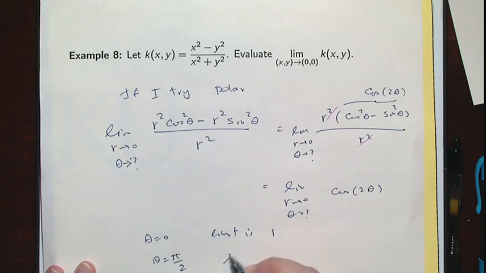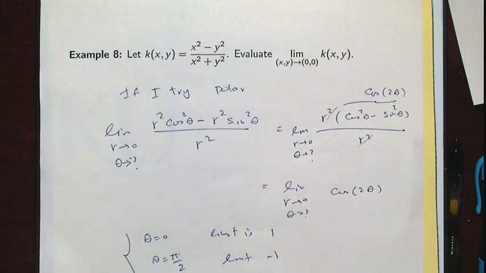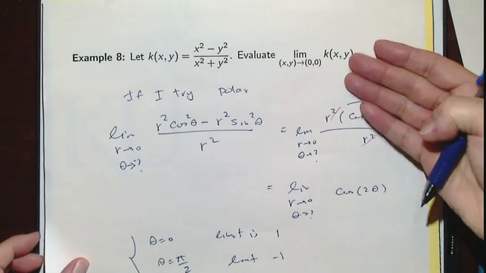What is the limit? Cosine of 2 times pi half, cosine of pi, minus 1. So that technically gives me a path too. It requires doing a few problems until it becomes a little bit more clear. But here it is. So this one didn't have a limit.